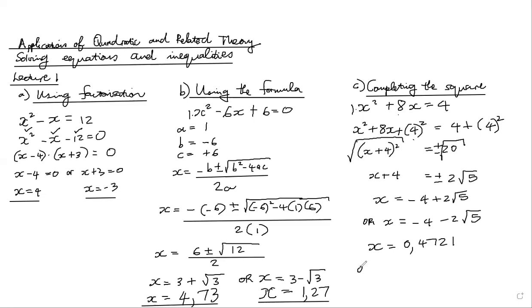Or x equals negative 4 minus 2 root 5. Punching that into a calculator to 4 decimal places, I get negative 8,4721. Quite interesting that the decimal points are identical. So here's our first answer and the second answer.